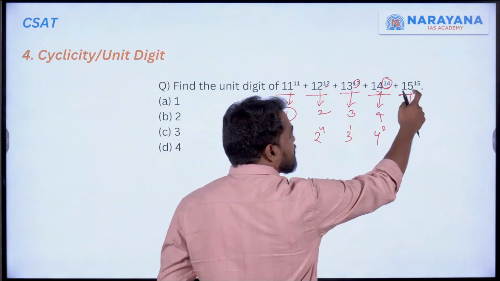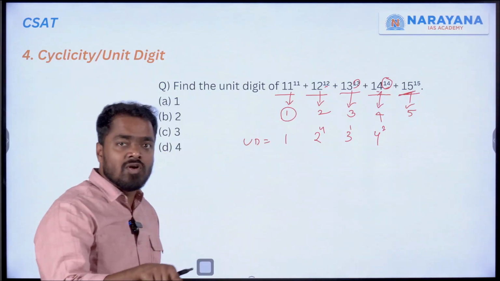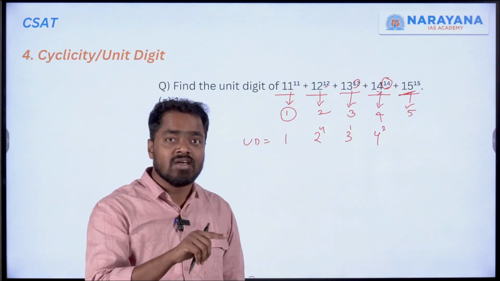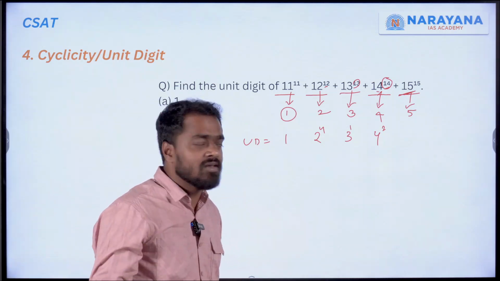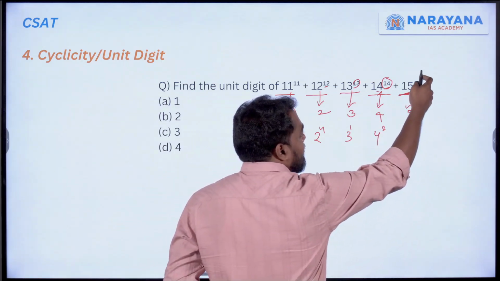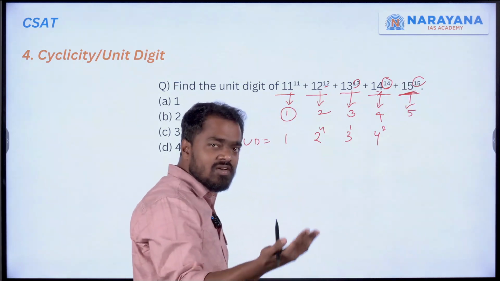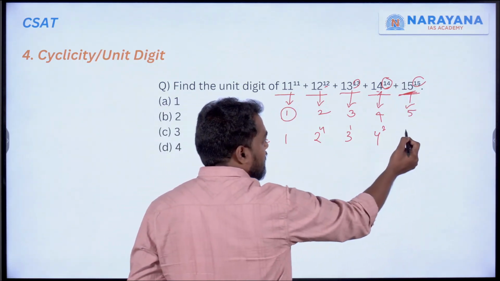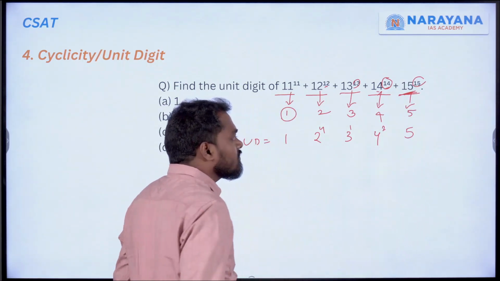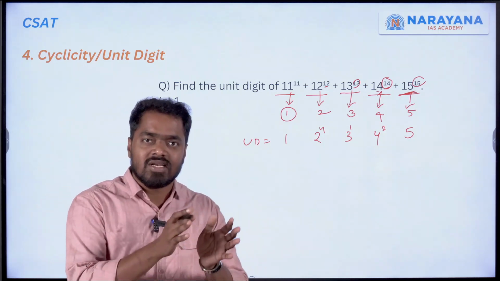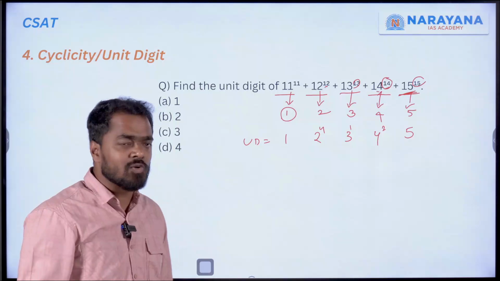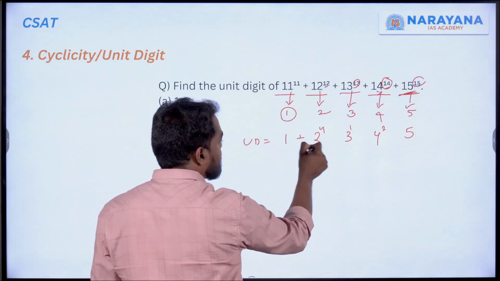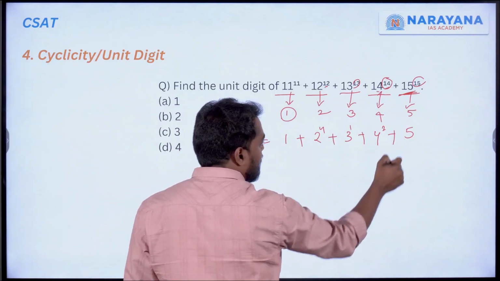Now when it comes to 5, which rule you should apply? First rule, that is 0, 1, 5, 6. Let it contain any power, the unit digit will be same, that is nothing but 5. So this question is a little different, where you have to apply the combination of the two rules. Now they have given addition, so you have to take the sum of all these.